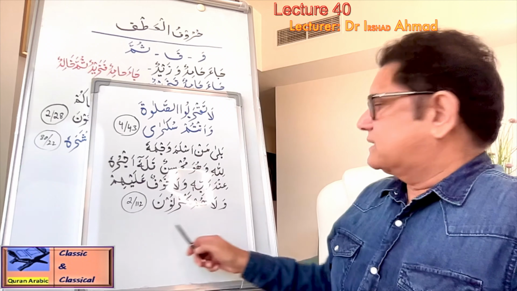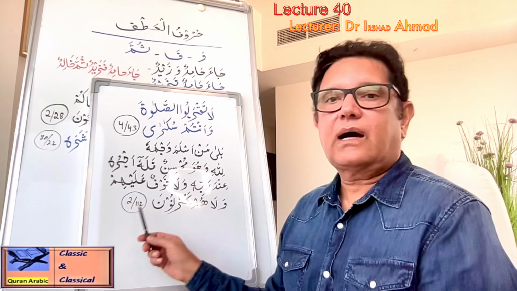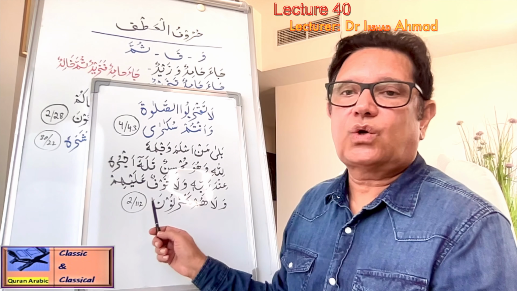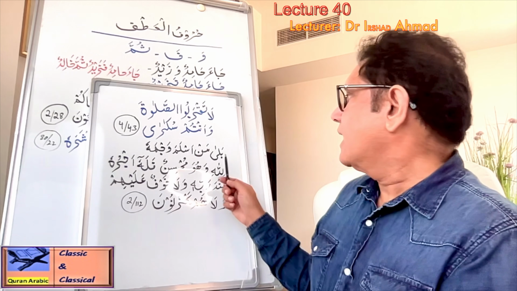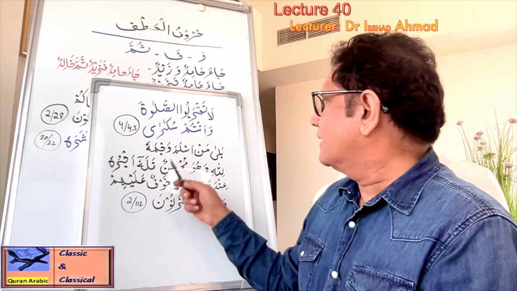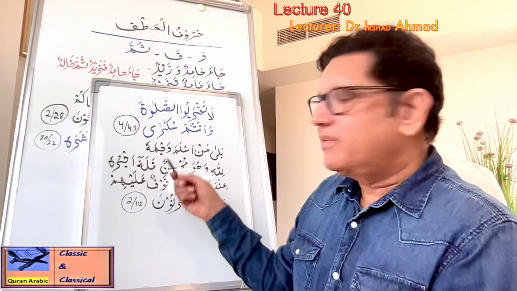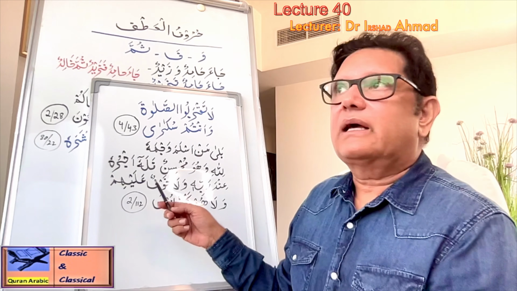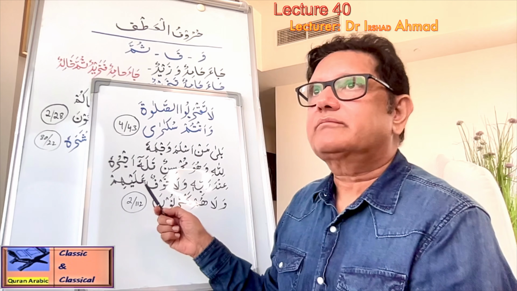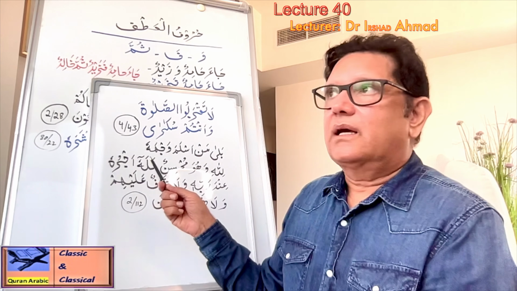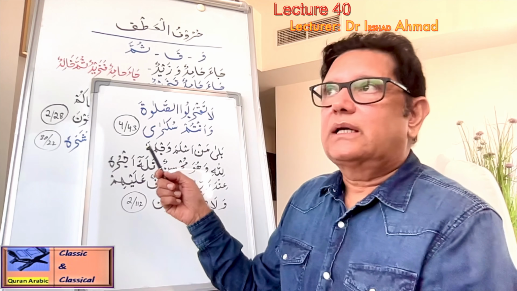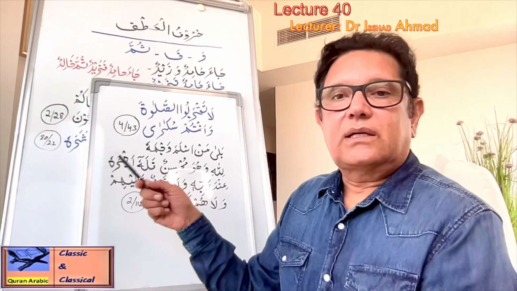And this is the whole of this ayah, Surah Baqarah, ayah number 112. The ayah before this, which is 111, is talking about Jews and Christians.